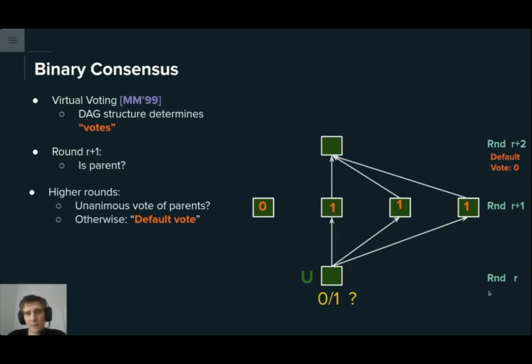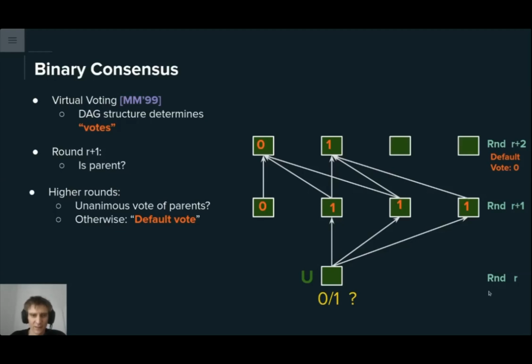Then for the next rounds, the rule is different. The rule says if all your parents voted 1, then you vote 1. If all of them voted 0, then vote 0. If there is no unanimity, meaning there are zeros and ones among your parents, then use the default vote, which is assigned to this round. Every round will be assigned some particular default vote.